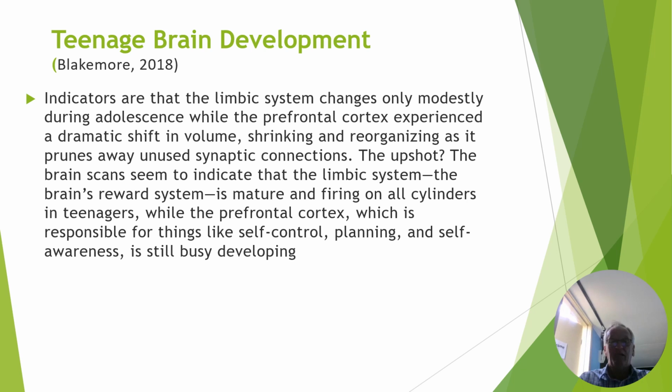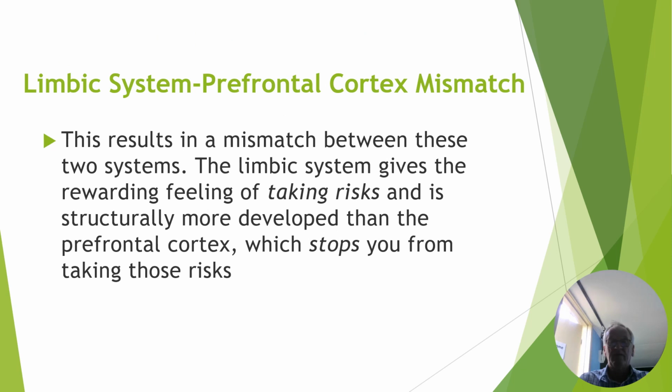The upshot, brain scans seem to indicate that the limbic system, the reward system, is maturing and really firing, while the prefrontal cortex, which is involved with things such as self-control, planning, and self-awareness, is still developing. There is a mismatch between those two systems. The limbic system gives rewarding feelings and encourages teenagers to take risks, and is structurally much more developed than the prefrontal cortex, which actually stops them from taking those risks.